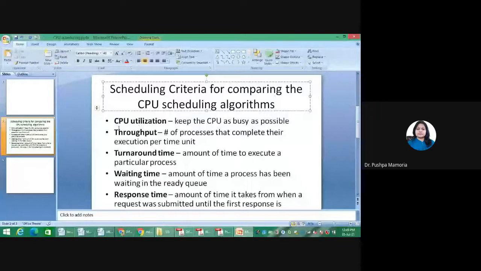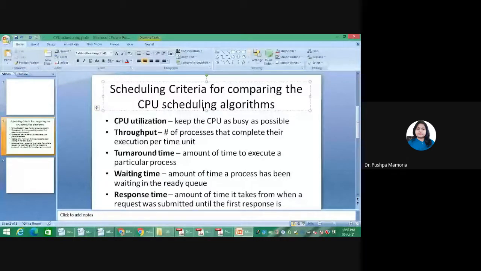CPU utilization means keeping the CPU as busy as possible, right? Because we have one single CPU and multiple processes, but the speed of the CPU is very fast. So we have to keep the CPU as busy as possible. That is the first criteria, which is CPU utilization.